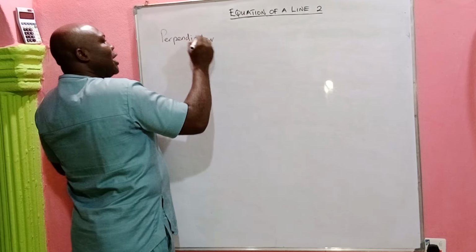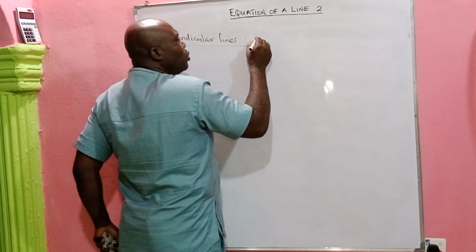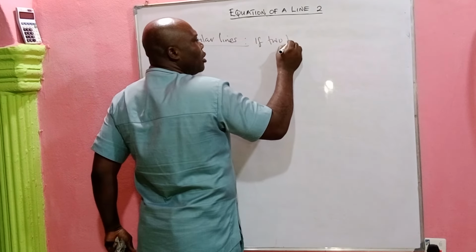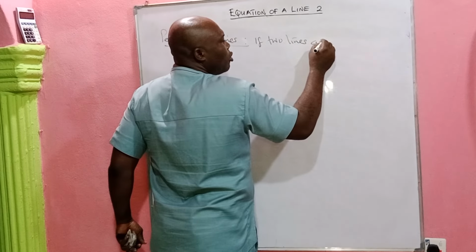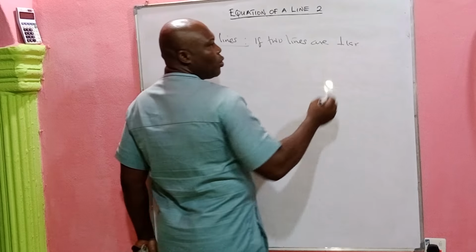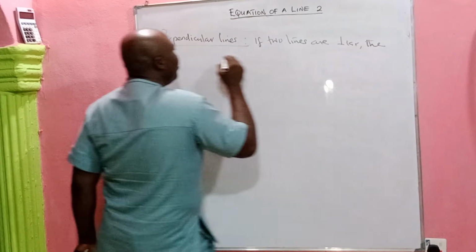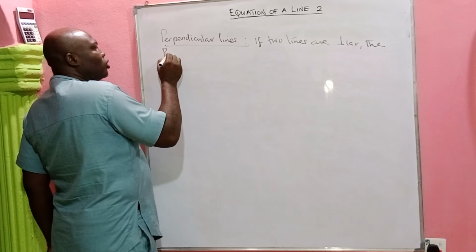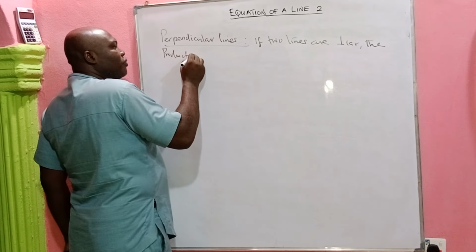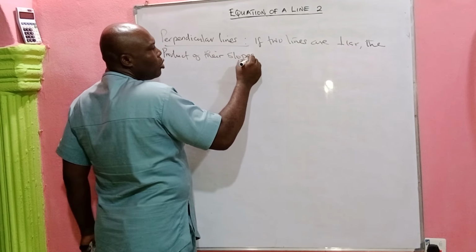Now, note that two lines are said to be perpendicular. If two lines are perpendicular, it therefore means that the product of their slopes will be equal to minus 1.